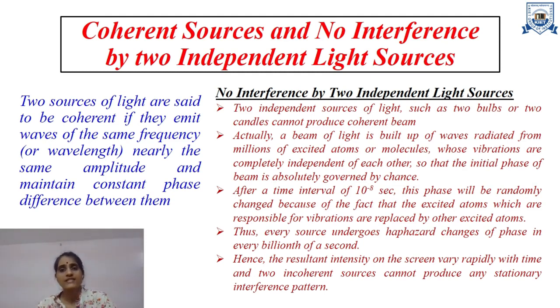If we consider two independent light sources, they cannot produce a coherent beam. The reason is that a beam of light is built up of waves radiated from millions of excited atoms or molecules whose vibrations are completely independent of each other, so the initial phase of the beam is governed by chance.